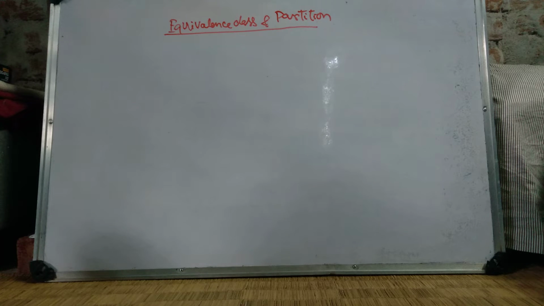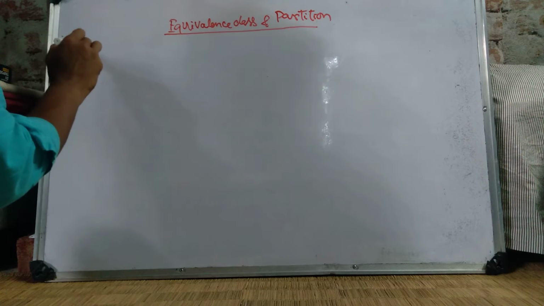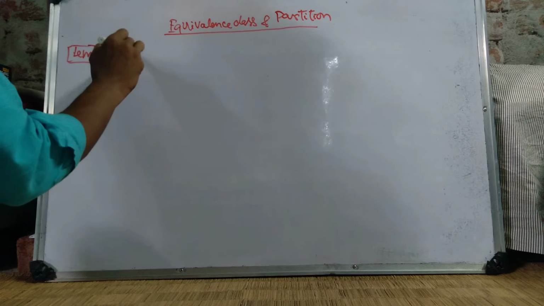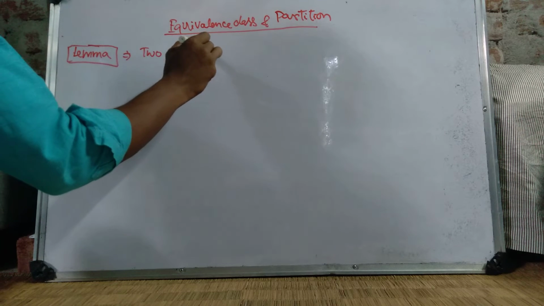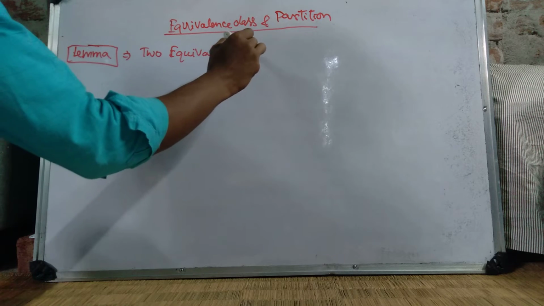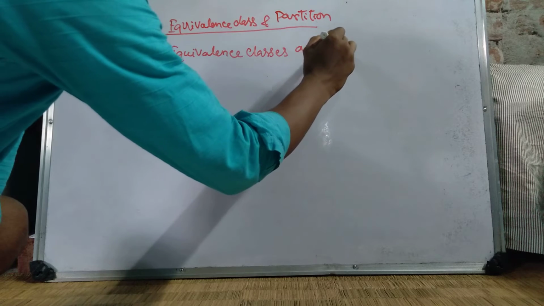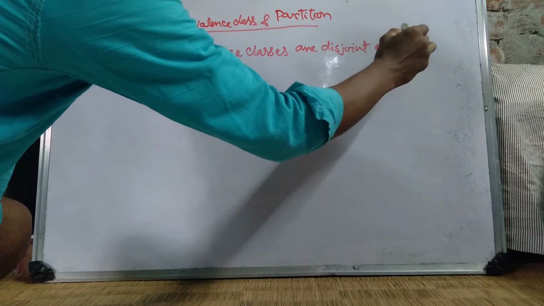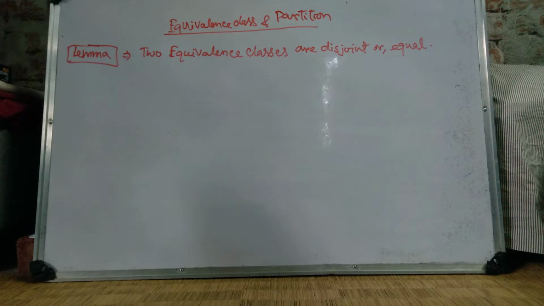Now we start with this lemma: two equivalence classes are disjoint or equal.